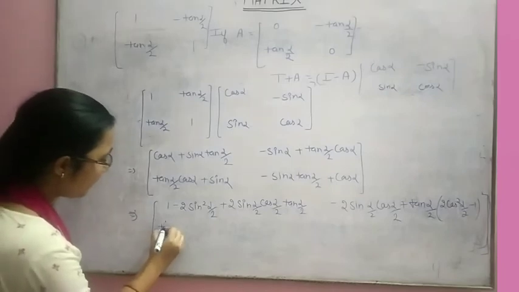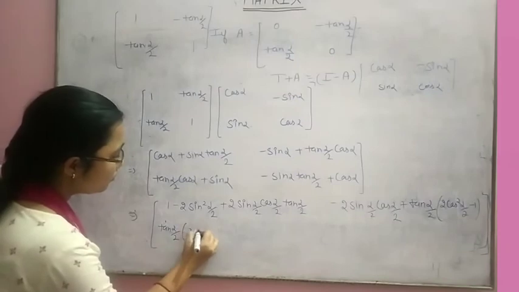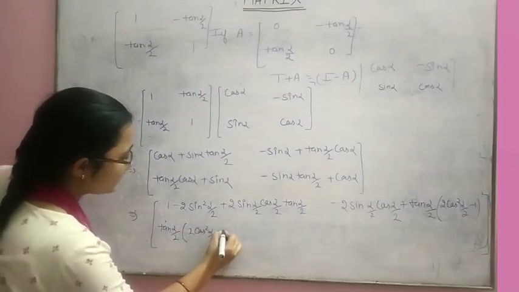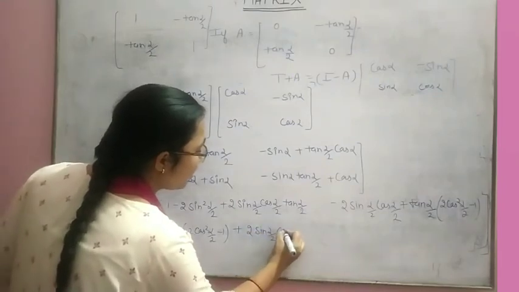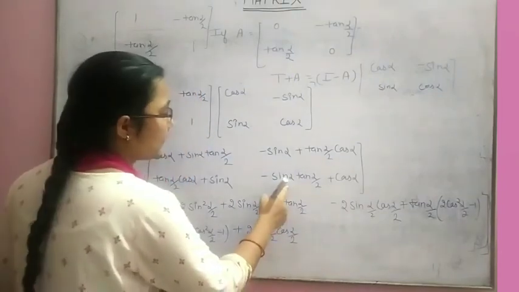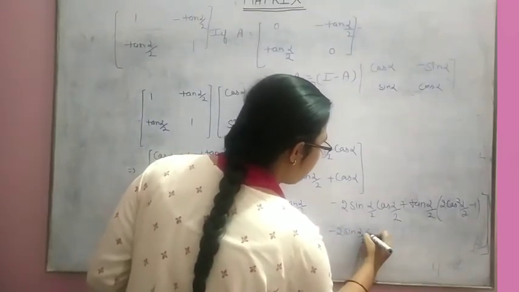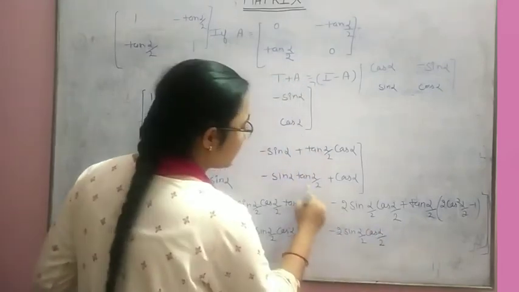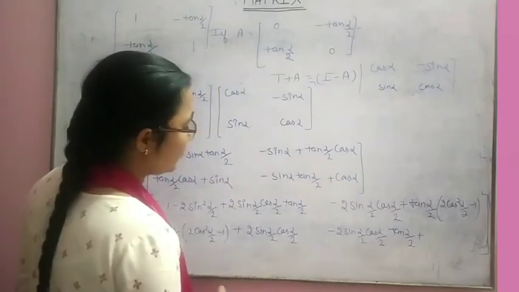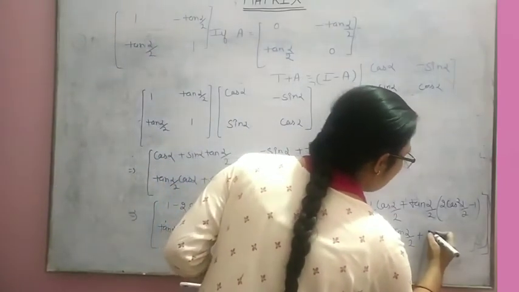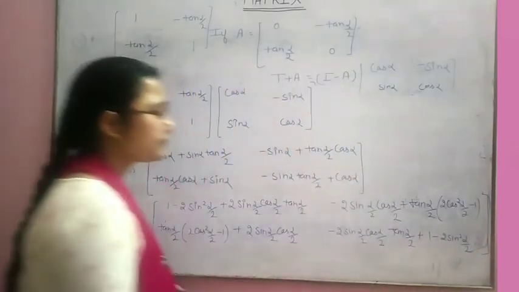Third one, tan alpha by 2 stays the same, with cos alpha as 2 cos square alpha by 2 minus 1, plus sin alpha as 2 sin alpha by 2 cos alpha by 2. Fourth, minus 2 sin alpha by 2 cos alpha by 2 times tan alpha by 2, and cos alpha written as 1 minus 2 sin square alpha by 2.